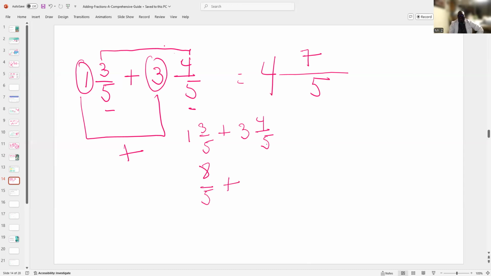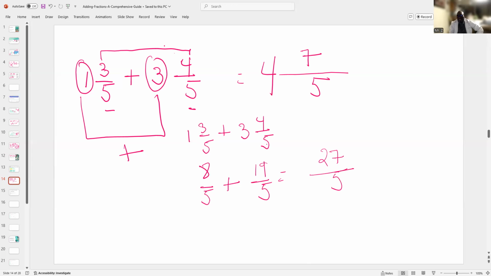Plus 3 times 5 is 15, plus 4 is 19, so 19 over 5. Once we add them together, 8 plus 19, you have 27 over 5.